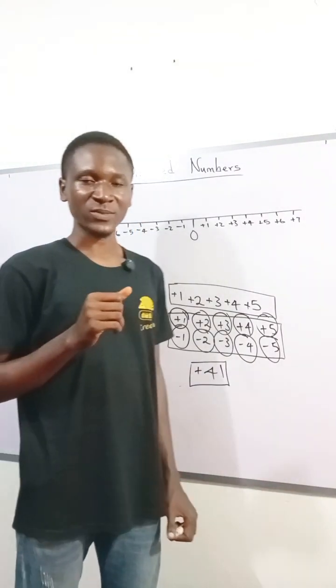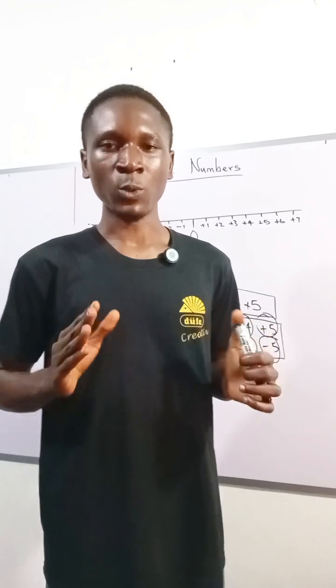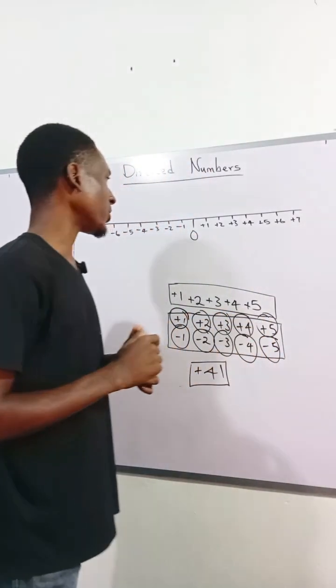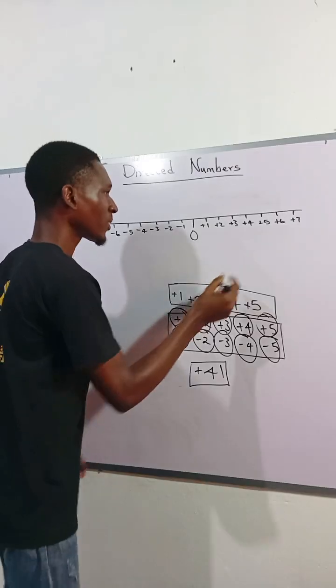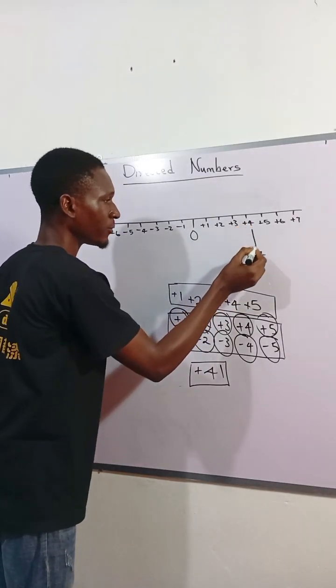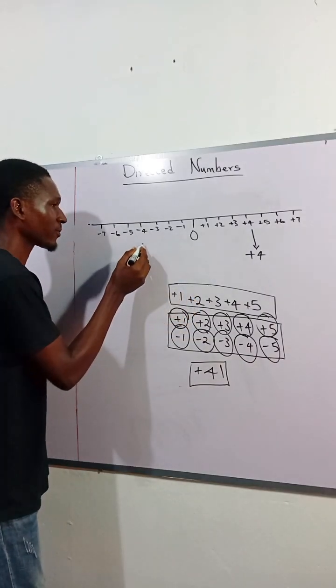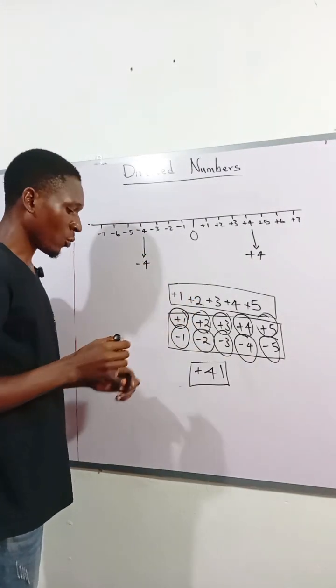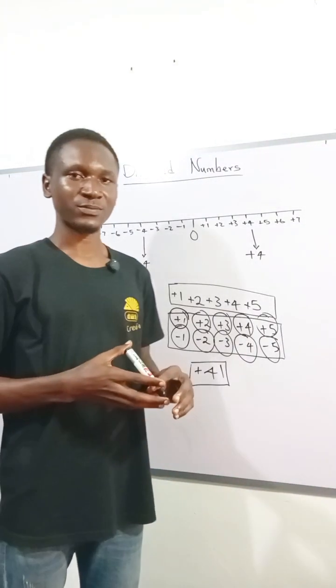Is that taken? Good. Now, how do we know which number is bigger than which number? Okay, you can be asked to compare two different numbers. For example, +4. Can you see it here? +4 and -4. Which one is bigger?